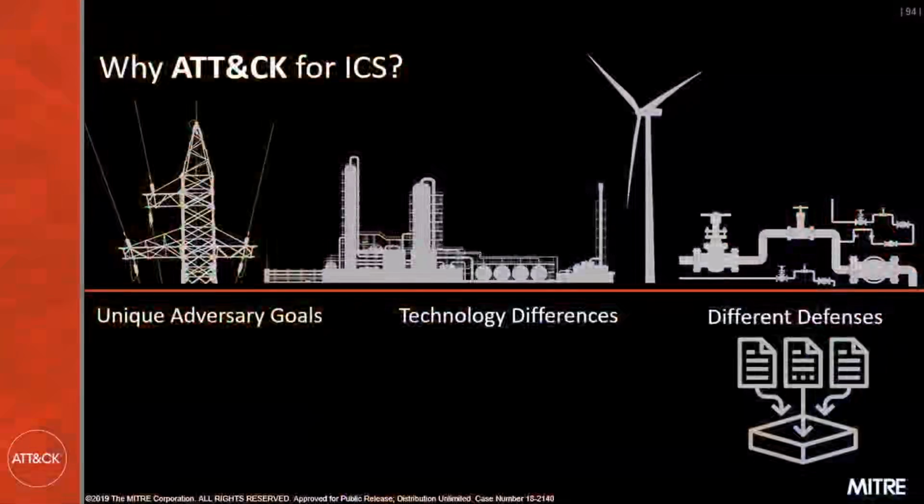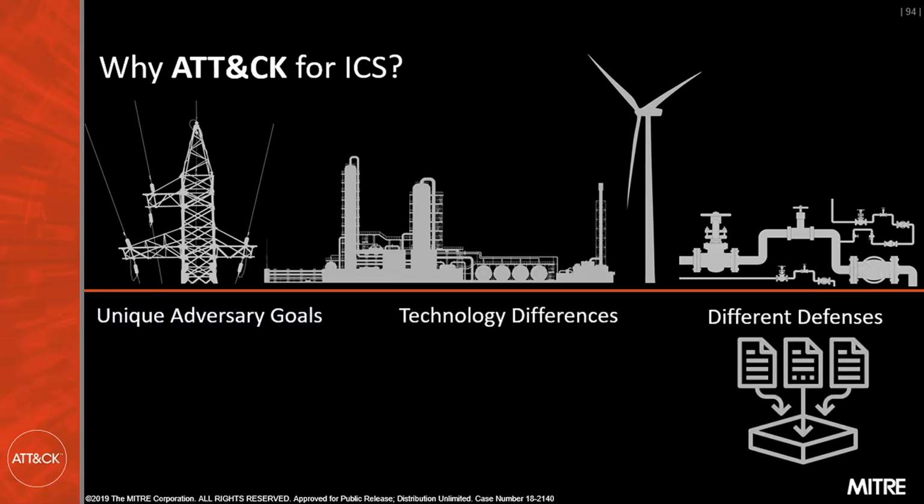Then there's different ways of defending these systems. So we're less mature in this area. One thing is, what are the data sources that we need in order to defend these systems? Where do we collect them from? If we're dealing with low-level embedded controllers, they don't have the same interfaces to collect host-based information.